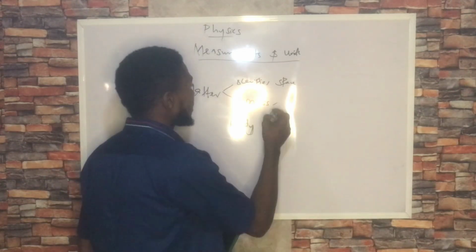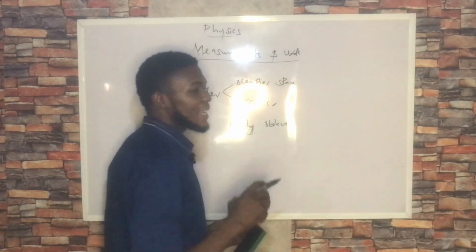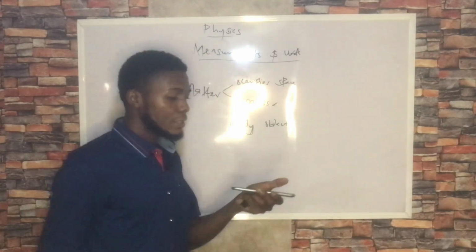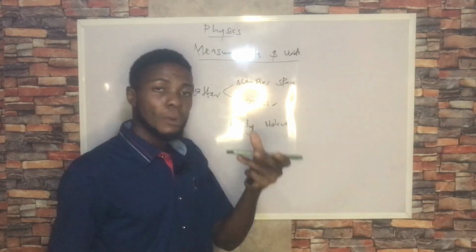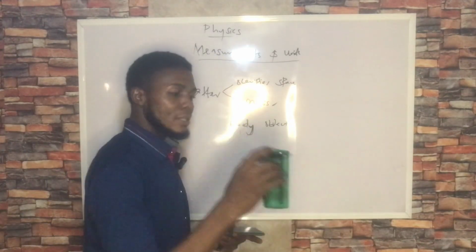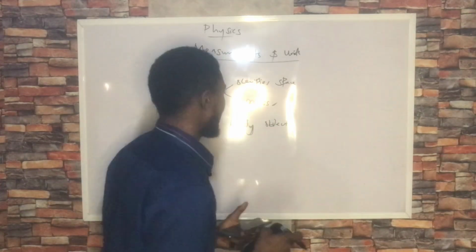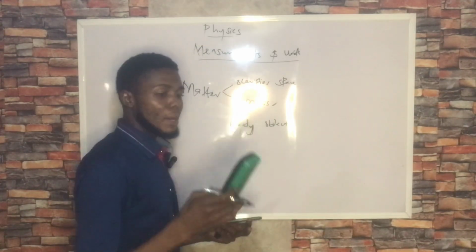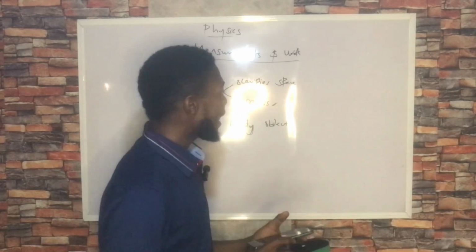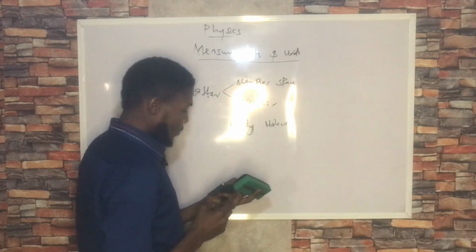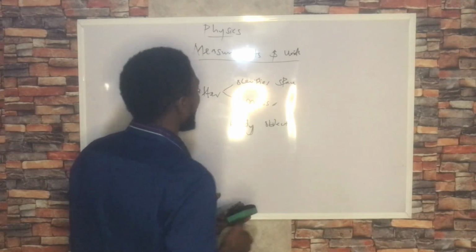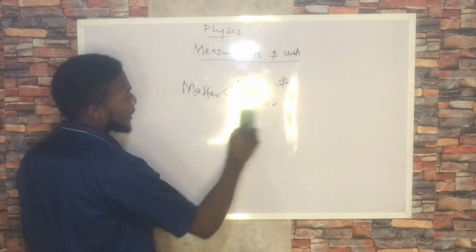It is the property of matter in which every part of the body has a considerable mass in it. This is what's called being massive in nature. So it's an inherent property of every form of matter.